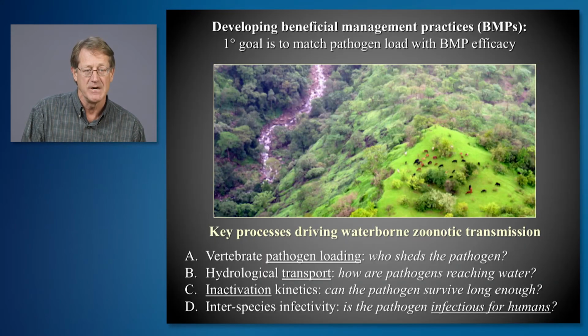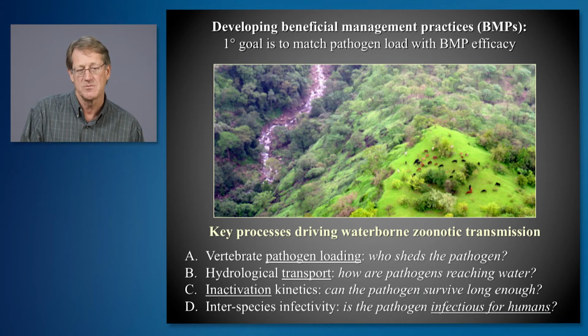If we decide that we need to reduce the risk because of the importance of the water that's being used from this agricultural or rural watershed, we like to design and implement what we call beneficial management practices, something that the landowner or land manager can implement on the land, often at the landowner scale, that will reduce the risk.